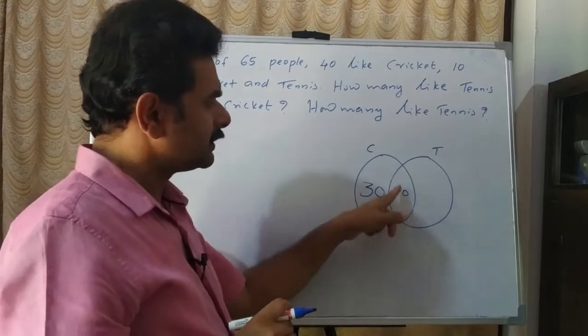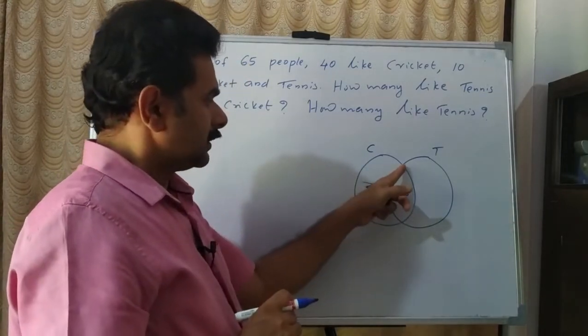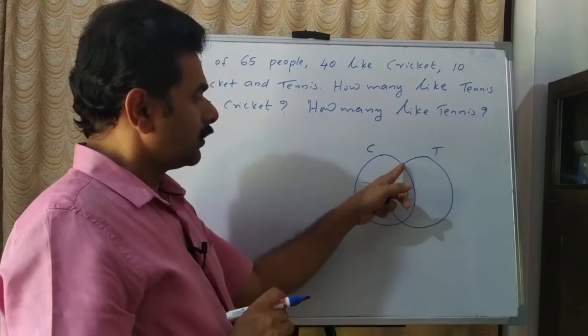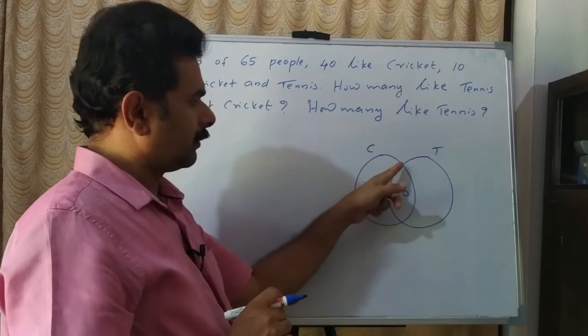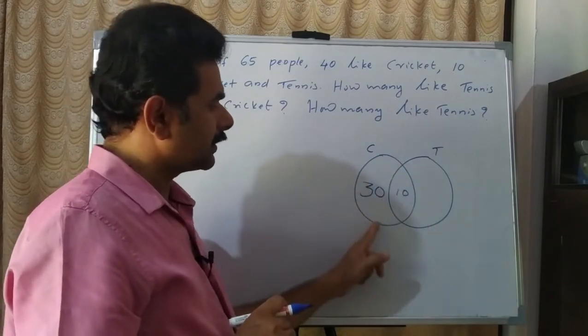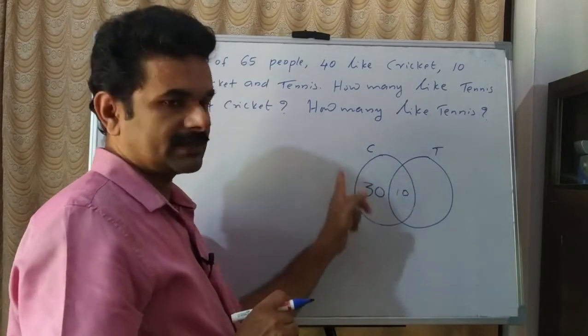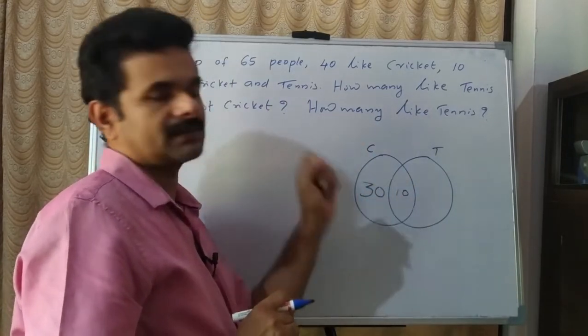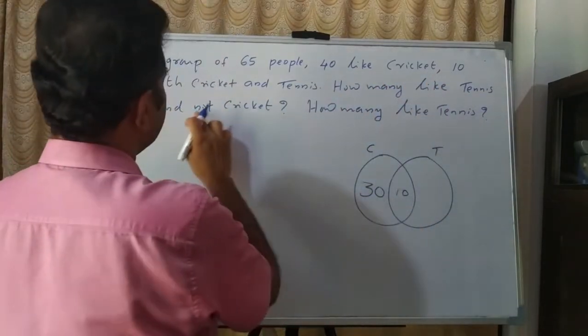This is why I am writing 10 first. The number of people who like both cricket and tennis is 10. The number of people who like cricket is 40, and this 40 is made up of 30 plus 10. Clear?